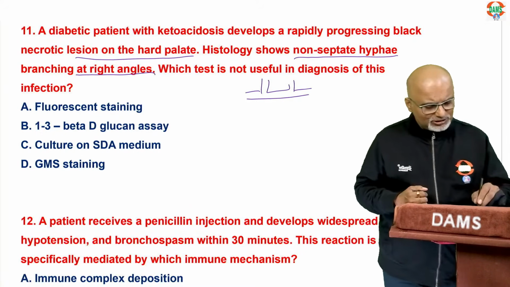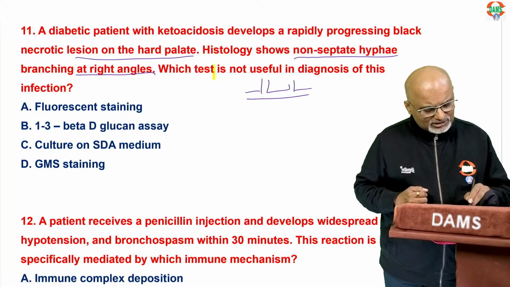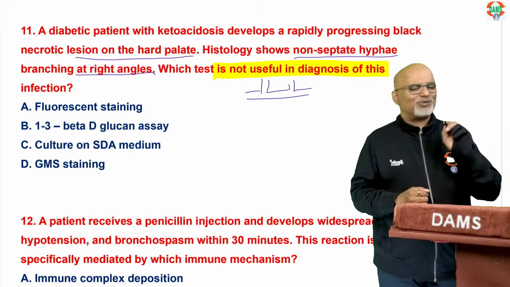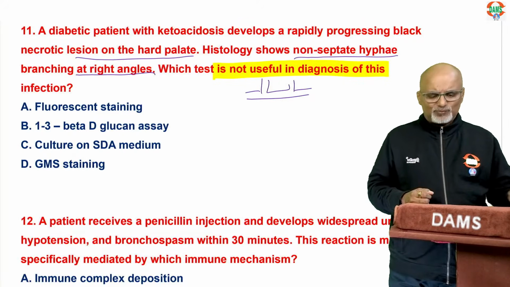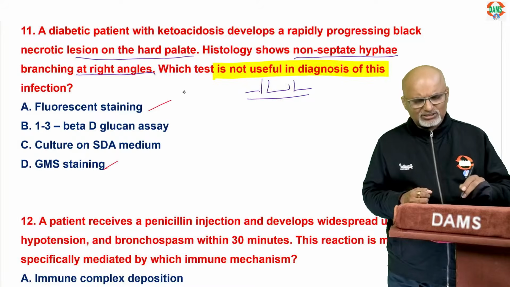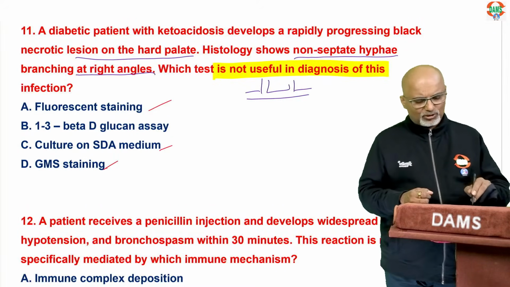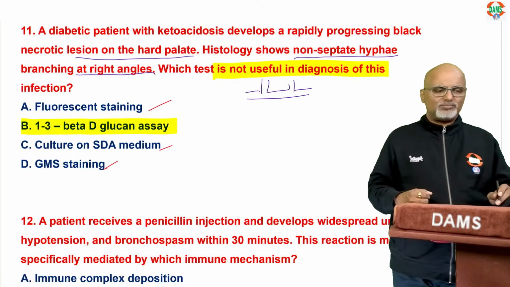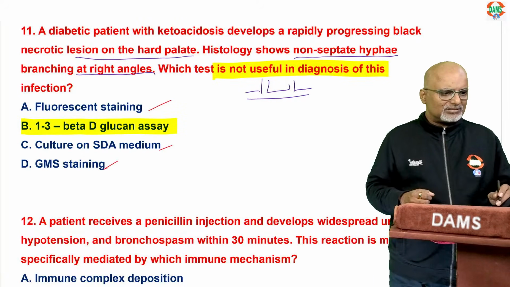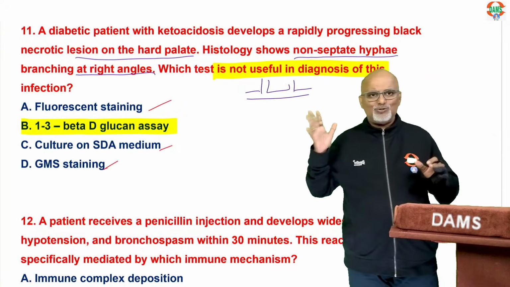Okay. The question is, which is not useful in diagnosis? That is important. Negative. Which is not useful? GMS staining, fluorescent staining, culture, everything is useful. 1,3-beta-D-glucan not useful. Many people misinterpret the question as which is useful in diagnosis.